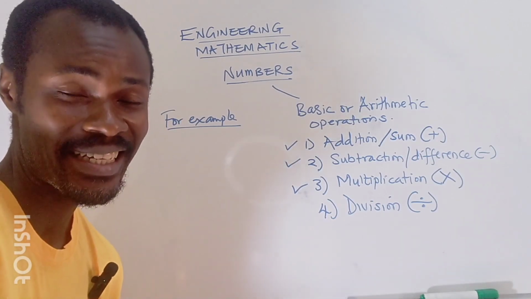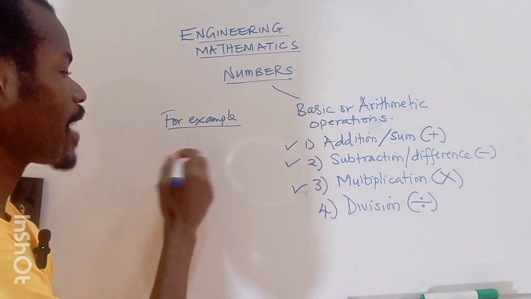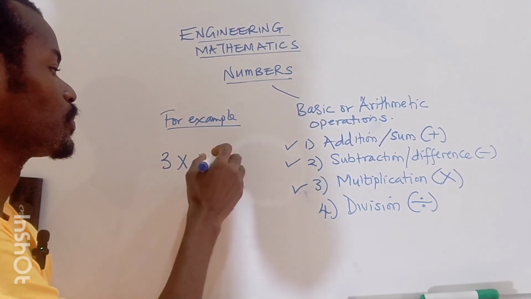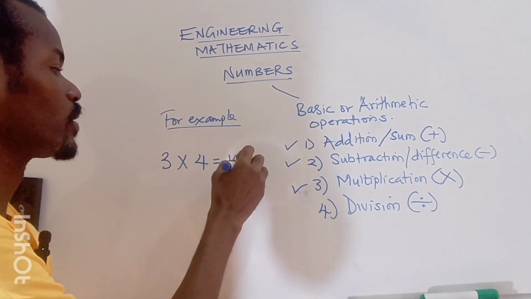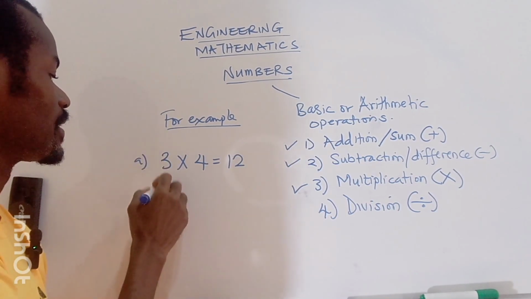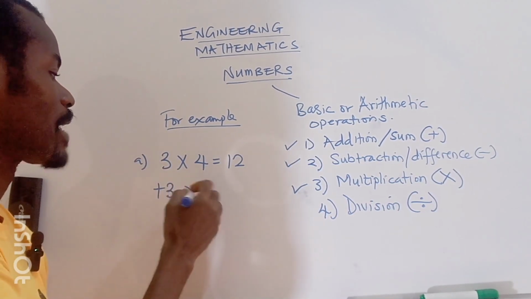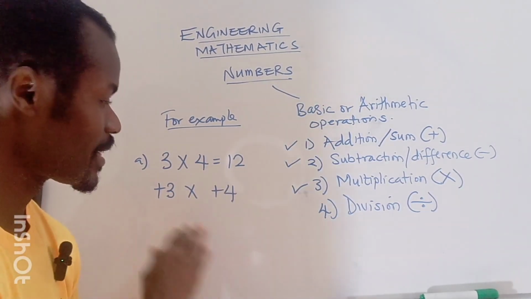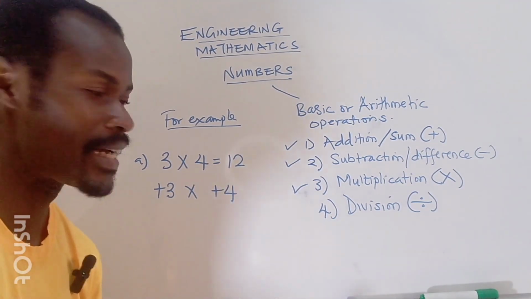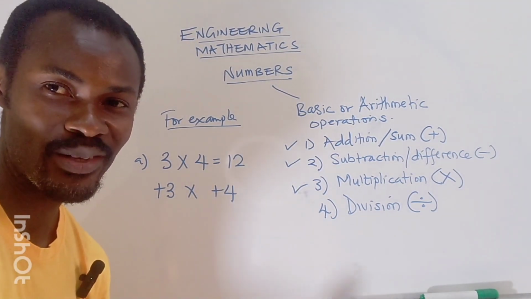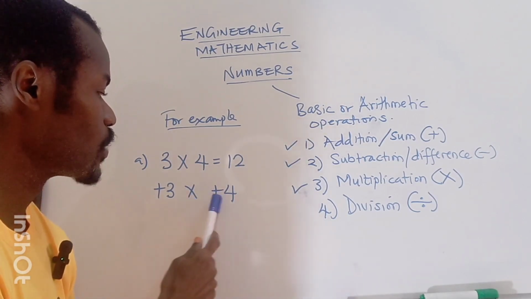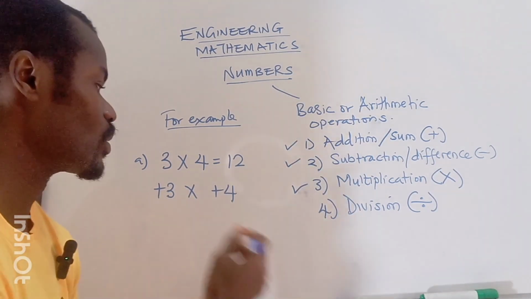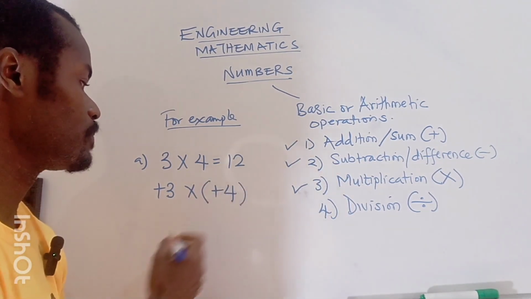I'll give an example. Now, if I have two positive numbers, say 3 times 4, my answer is 12. Now, this can be written as plus 3 multiplied by plus 4. But in this example, you observe that I don't want to expose basic operation symbols like this, so I have to cover this with brackets.